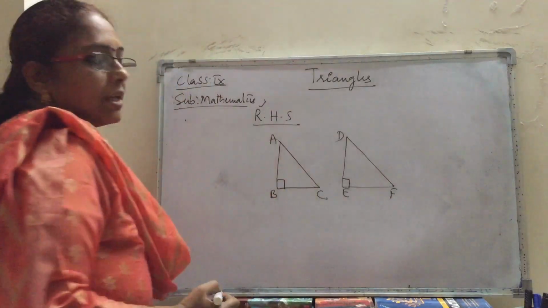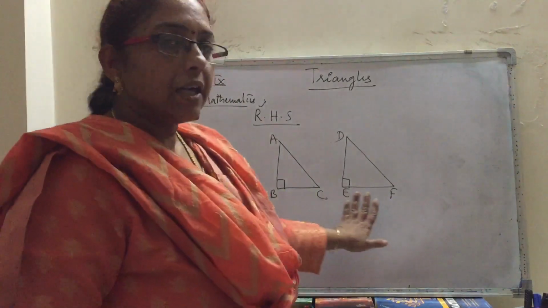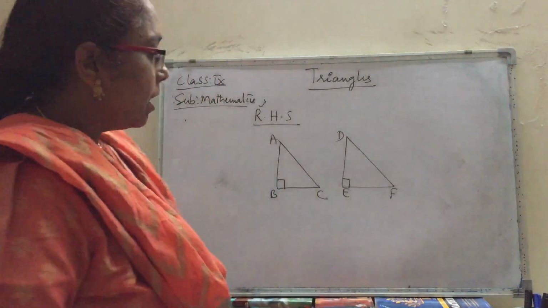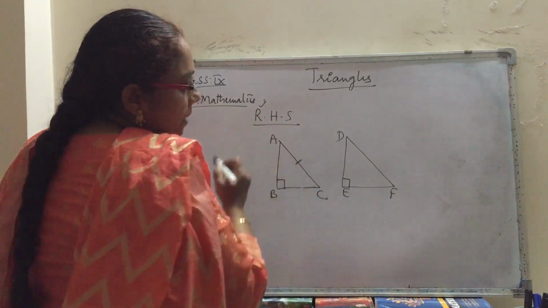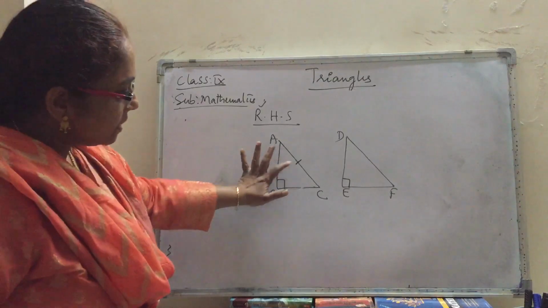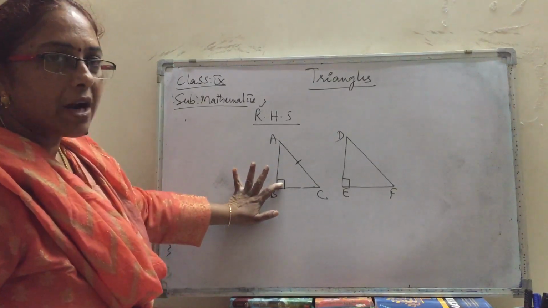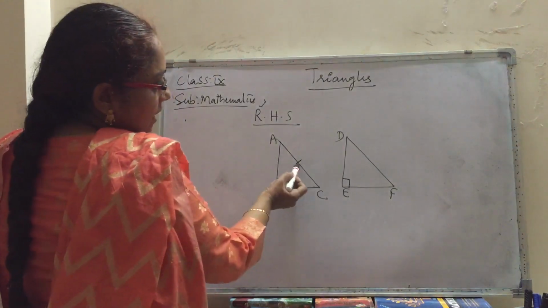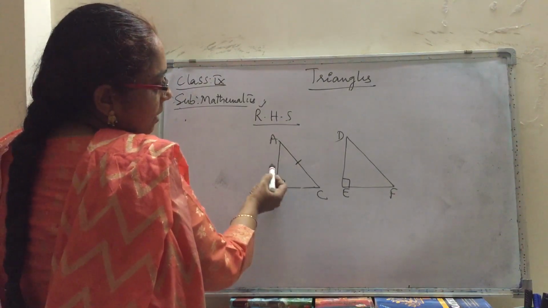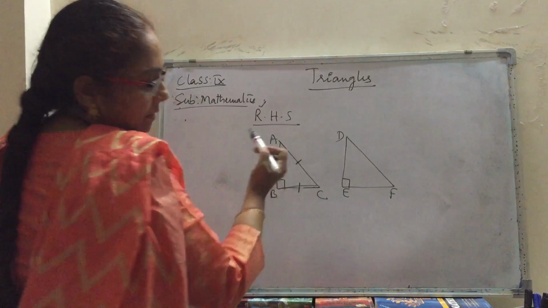ABC and DEF are two right angle triangles. What is meant by hypotenuse, children? The side which is opposite to 90 degrees is called the hypotenuse. Other than this hypotenuse, how many sides are there? Two sides. One side of the triangle.